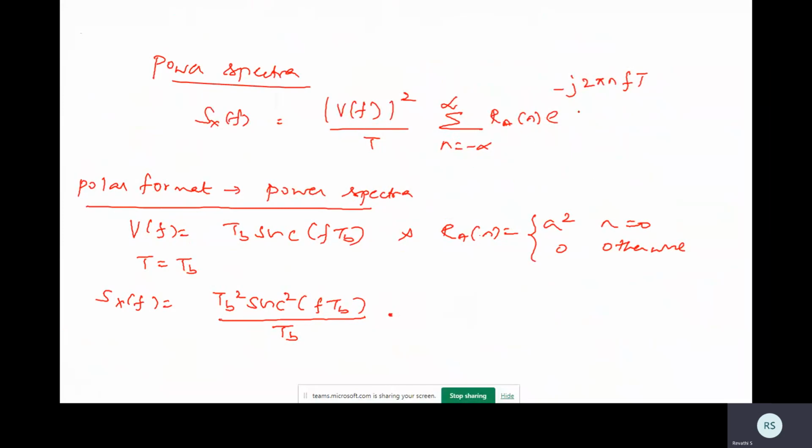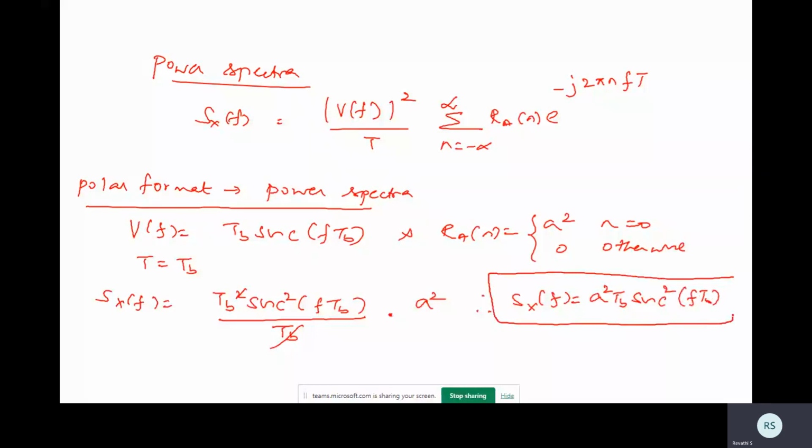Put n equal to 0, e power 0 becomes 1, and RA of 0 is A square. So the TB will get cancelled out. Therefore Sx of f is A square TB sinc square of f TB. This is the power spectra in polar formatting.